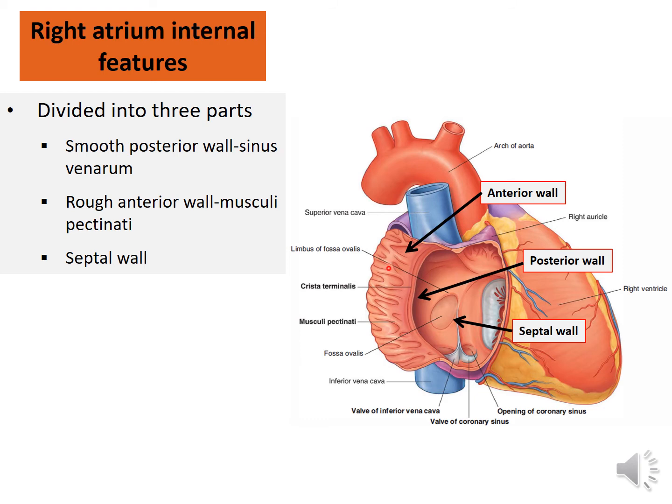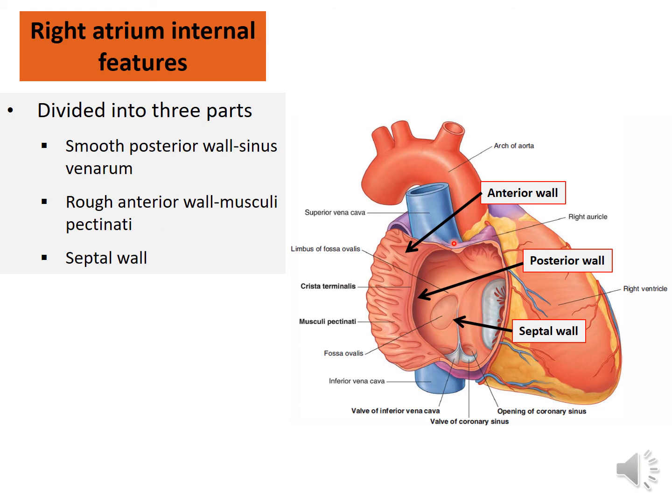The anterior part or anterior wall of the right atrium is rough. This is rough due to the arrangement of cardiac muscle in the form of the teeth of a comb, which is called musculi pectinati. Pectinati means that it resembles the teeth of a comb, that is why it is called pectinati.